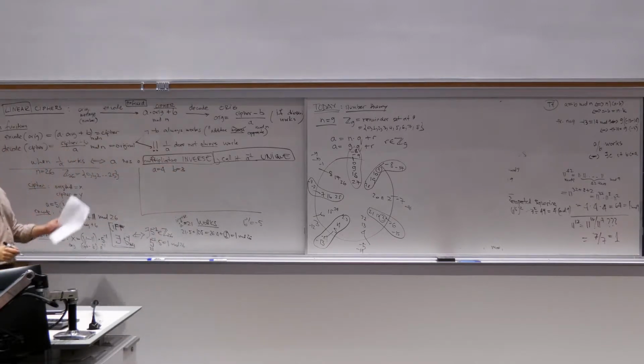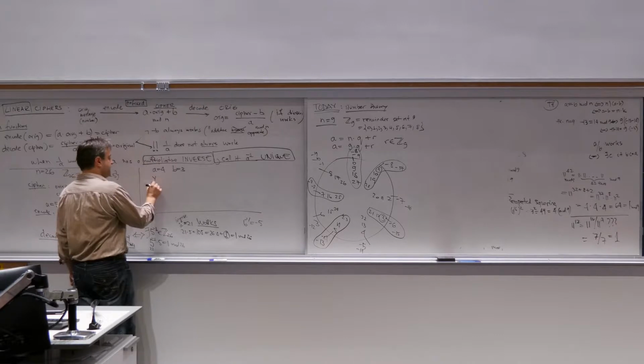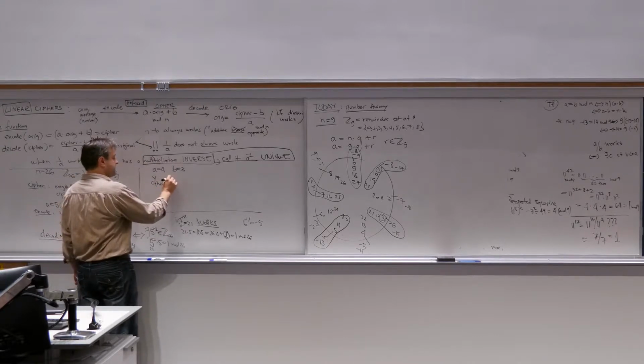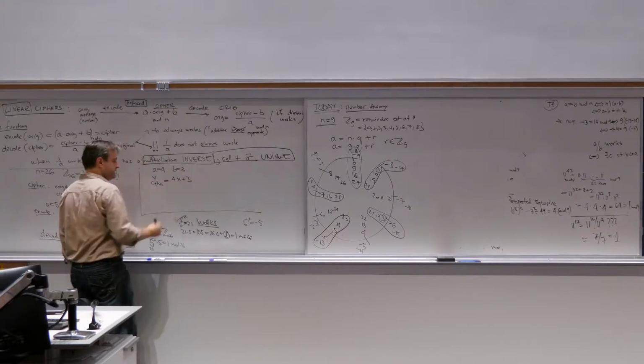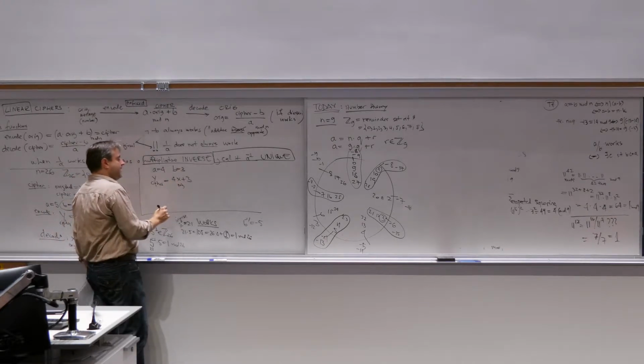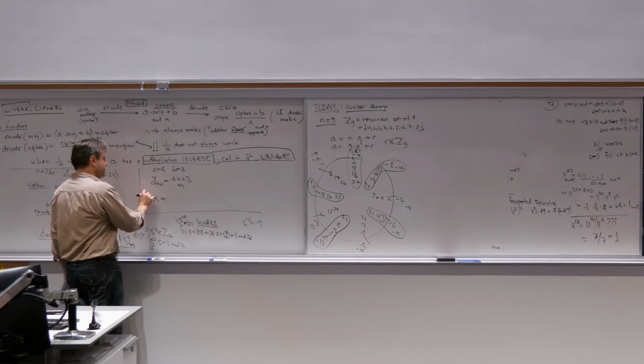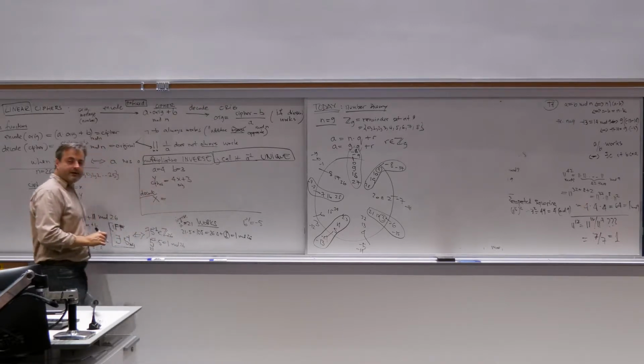So the cipher is y equals 4x plus 3, where x is the original. And the other way, if I want to get x out, this is the decode operation. How do I get x out of that?